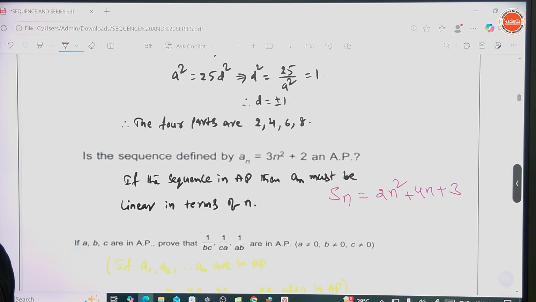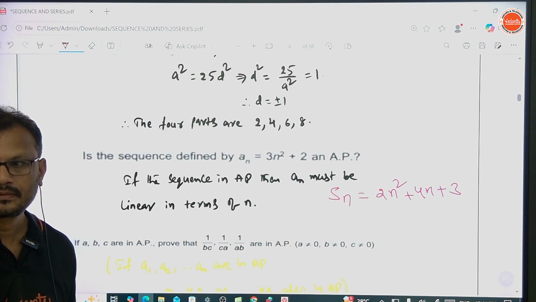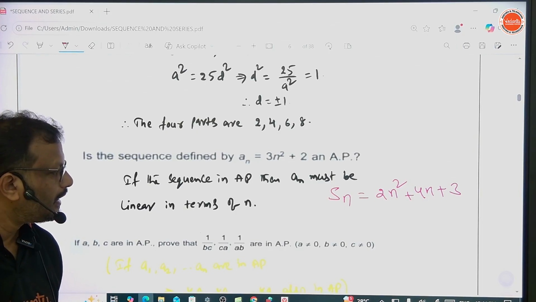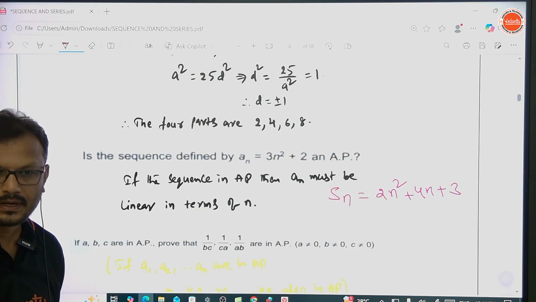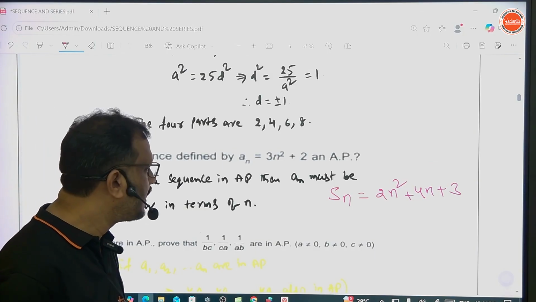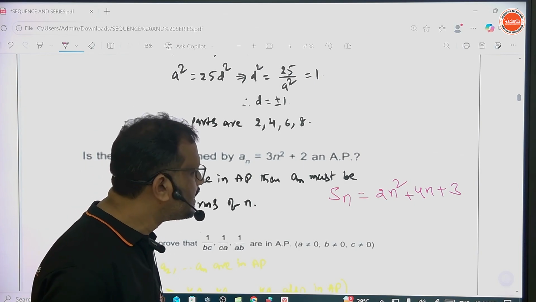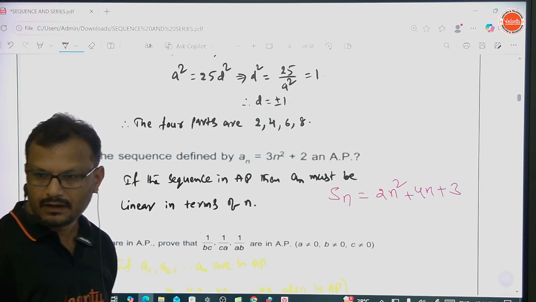Okay, what is the first term? How will you say it is 9? Will it become an AP?